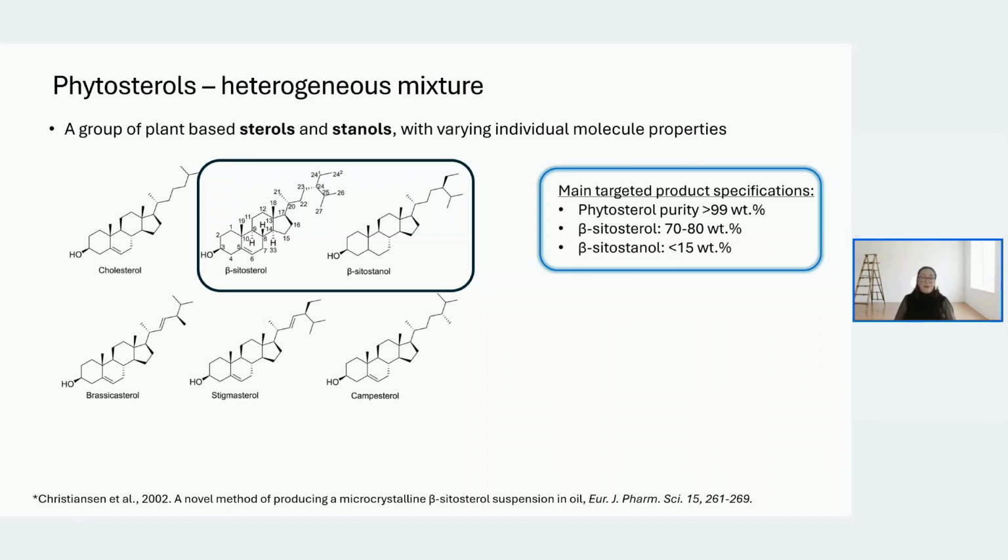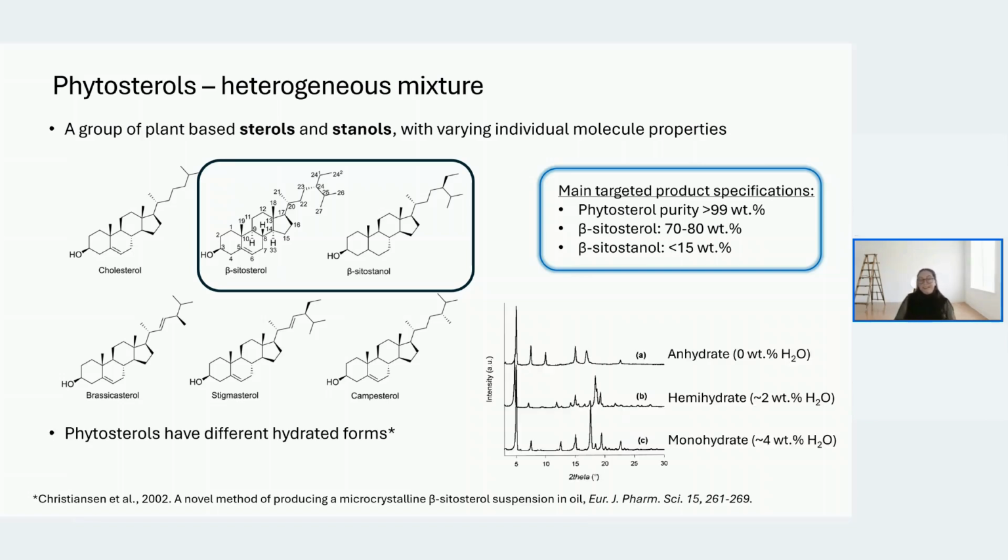Overall phytosterol purity should be above 99%, but then there are clear shares for individual sterols and stanols that we need to meet. And especially when we use softwood-based material, we need to be really cautious that we don't have too much stanols in the final product specifications.